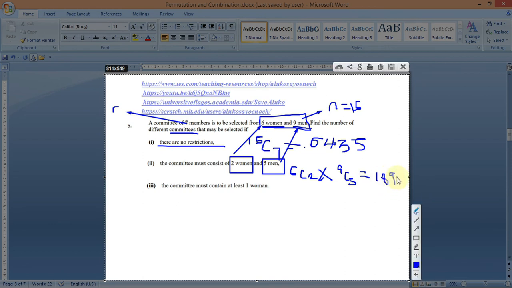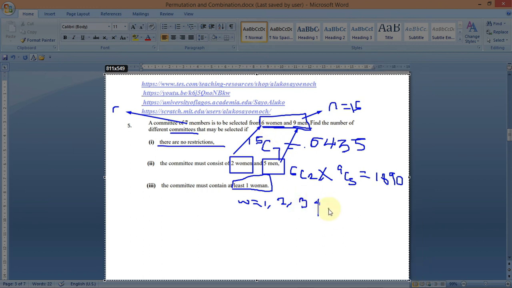Now this last question is that the committee must contain at least one woman. At least one woman means that the minimum should be 1. So the possibilities for women will be 1, 2, and don't forget we have 6 women altogether, 3, 4, 5, and 6.